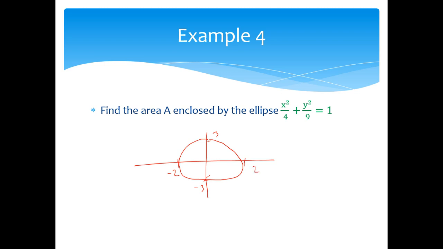So we want to find, first of all, this area, and then we multiply by 4. We should be able to find the overall area. First of all, we can express this in terms of y. We just solve for y. Exactly, so y equals 3 over 2 square root of 4 minus x squared.